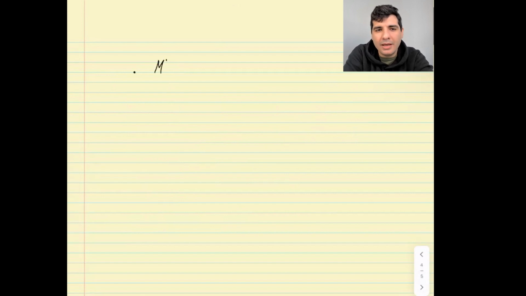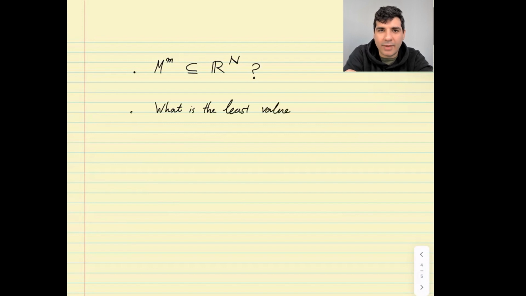That's not true. More generally, let's say we have an m-dimensional smooth manifold. The question is: can we always find some n such that we can embed M inside R^n? And if we can, what is the least value of n as a function of m? So if I tell you the dimension of the manifold M, can you tell me the least value of n for which we can be sure that there is an embedding from M into R^n? So Whitney answers this question.